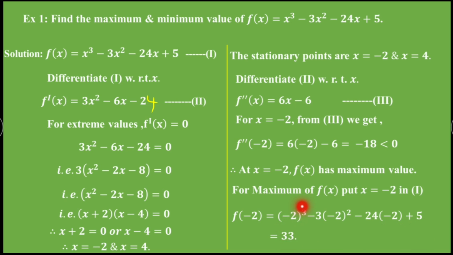Here minus 2 cube we get minus 8, minus 2 square we get plus 4, and plus 4 into minus 3 is minus 12, and minus 24 into minus 2 is plus 48, plus 5. After adding all these terms we get f of minus 2 as 33.